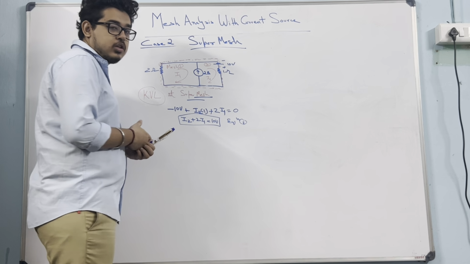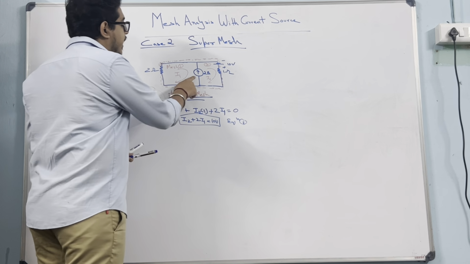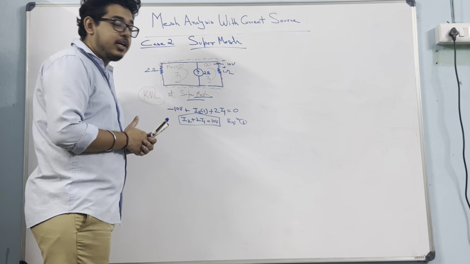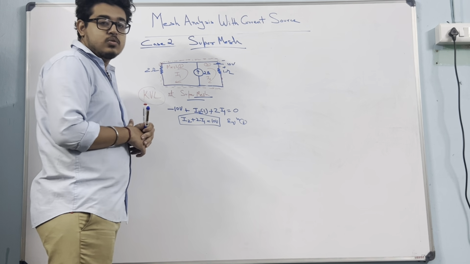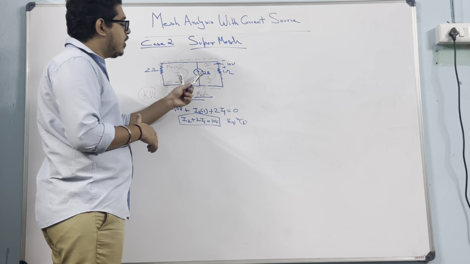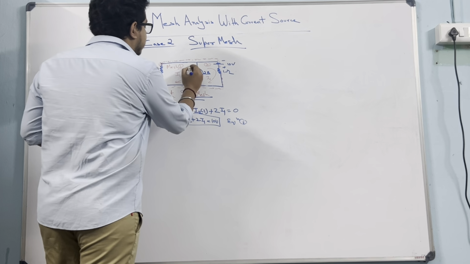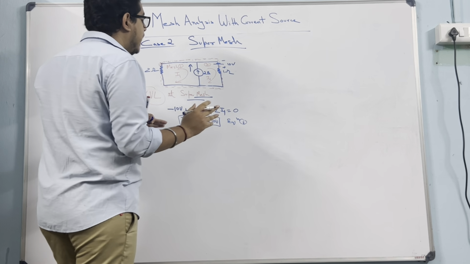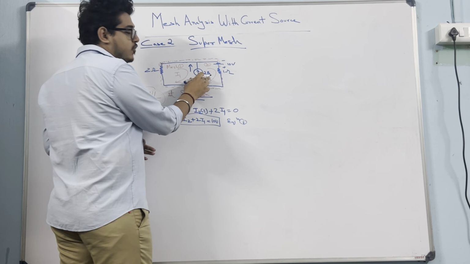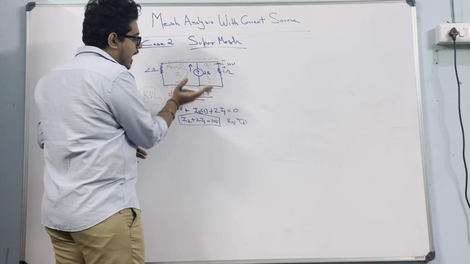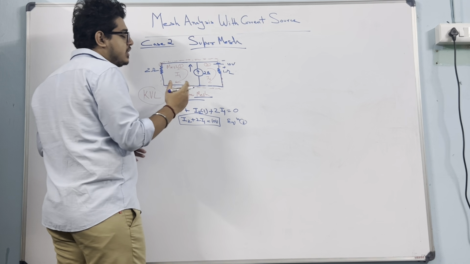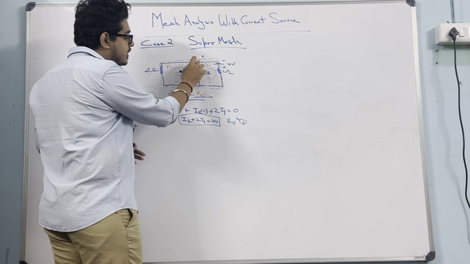I always told you that the current source is always maintaining a continuous flow of current, which is equal to 2 amperes in this case in the upward direction. So we can also say the 2 ampere current is flowing through this branch in an upward direction. So what is the current in this branch?